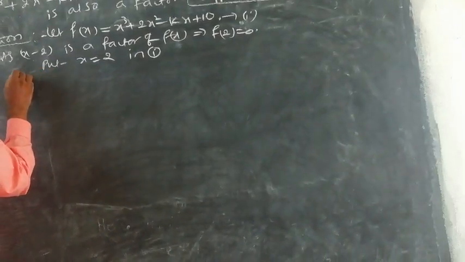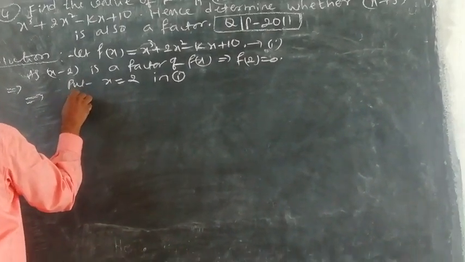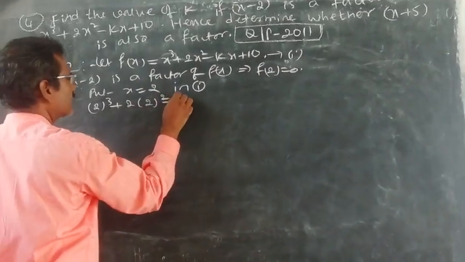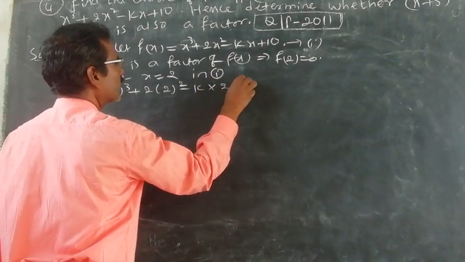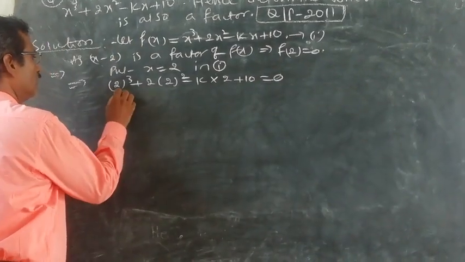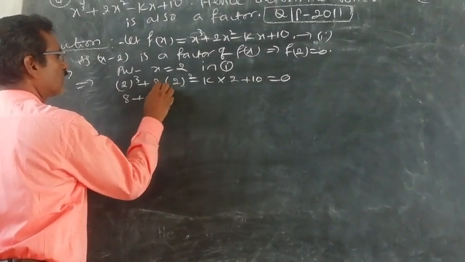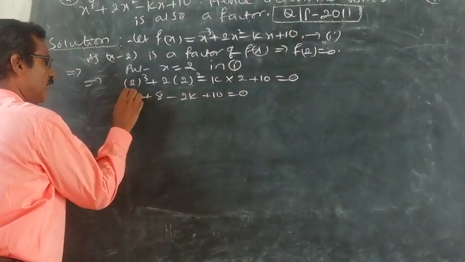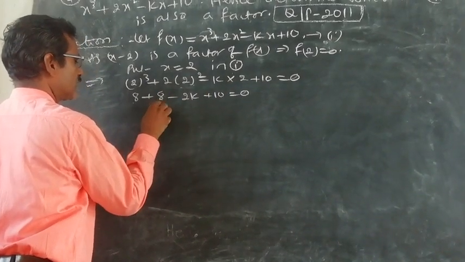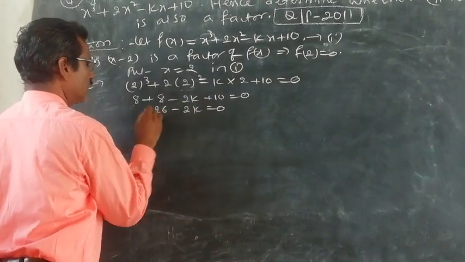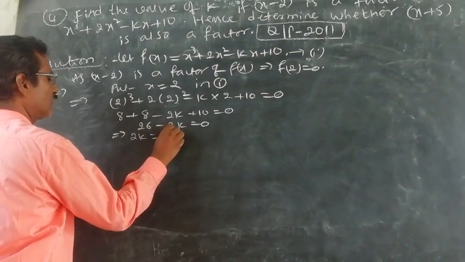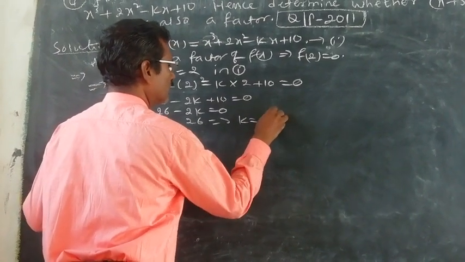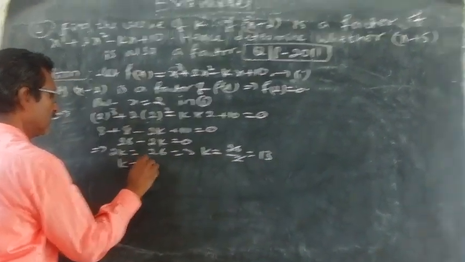So this implies 2 cube plus 2 into 2 square minus k into 2 plus 10 is equal to 0. 2 cube means 8, 2 twos are 4, 4 twos are 8, minus 2k plus 10 is equal to 0. So 8 plus 8 is 16, plus 10 is 26. 26 minus 2k is equal to 0. This implies 2k is equal to 26, so k is equal to 26 by 2. Thus the value of k is equal to 13.